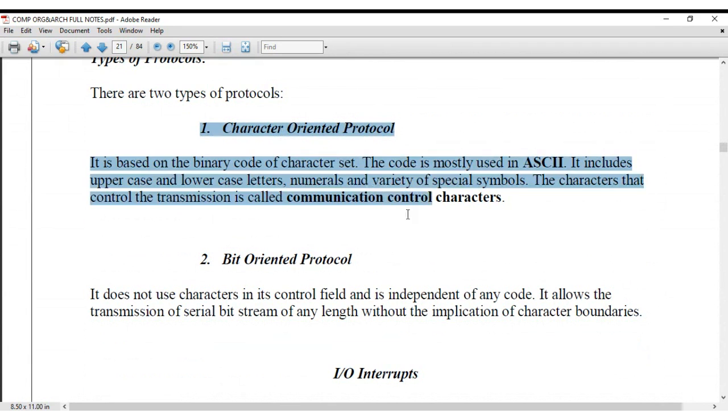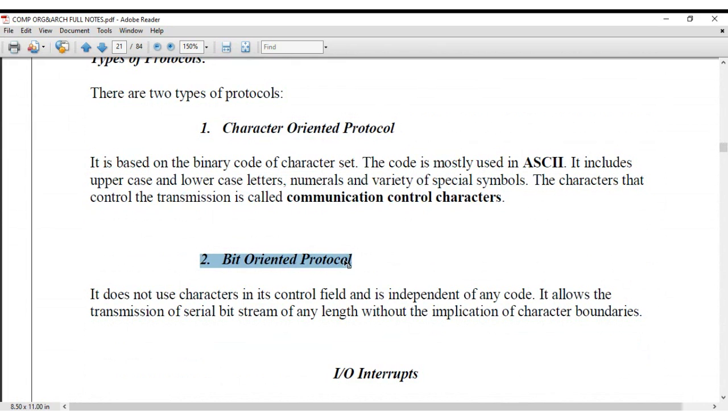So there are different protocols that govern how communication happens when input and output devices are connected to a central computer. One of them is called the character-oriented protocol, and the other is called the bit-oriented protocol. The character-oriented protocol uses a standard called the American Standard, ASCII.